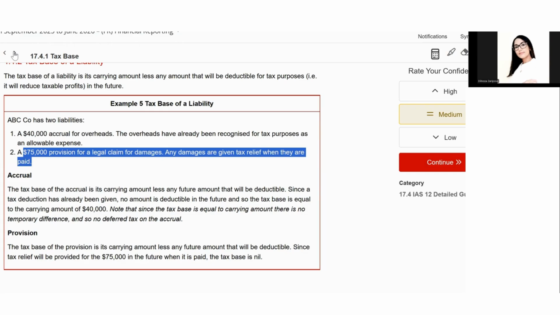Permanent is something where you expense it for accounting profits, but your tax authorities do not allow it. Let's say you have some expenses such as giving gifts to your employees. For tax purposes, they are non-deductible.